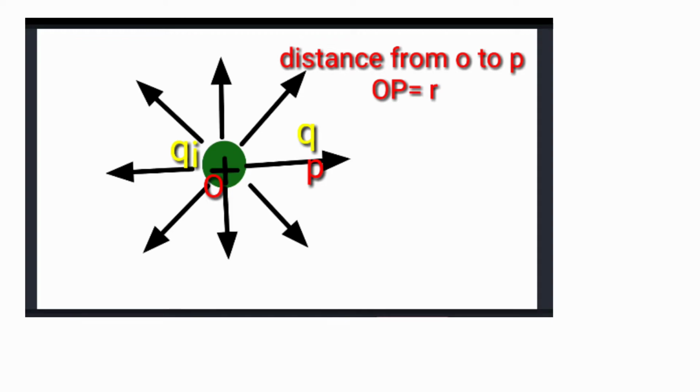Here the charge Qi which is producing the electric field is called the source charge, and the charge Q which tests the effect of the source charge is called the test charge. So the charge which is the source is called the source charge, and the one which is testing is called the test charge.